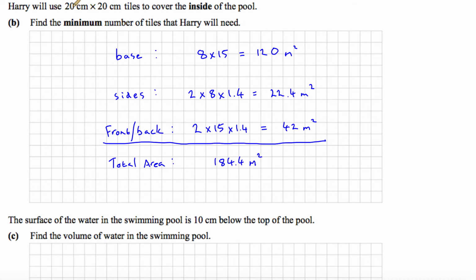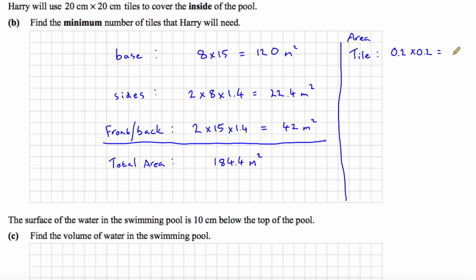Okay, now each tile is 20 centimeters by 20 centimeters. So the area of a tile would be 0.2 meters multiplied by 0.2, because 20 centimeters would be 0.2 of a meter.